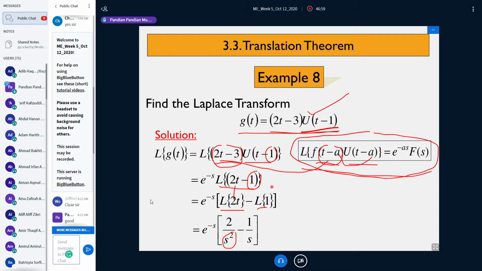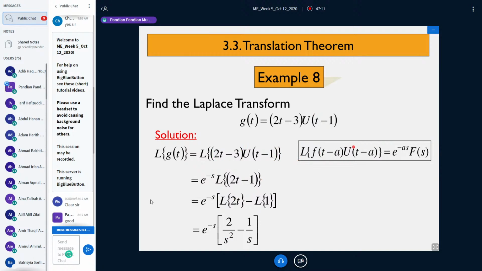Otherwise, you will get a different answer. If you do Laplace of 2t minus Laplace of 3, you will get a different answer, because this one is the same. But the t, because this is t minus 1, minus t minus 1 becomes t.